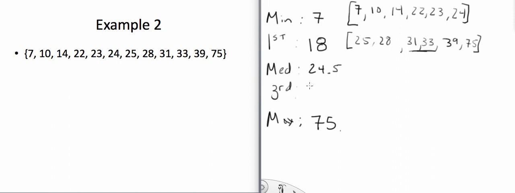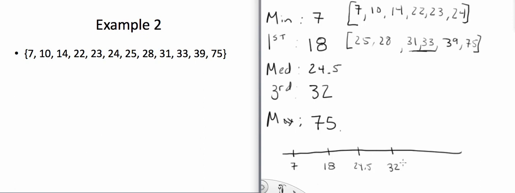Divided by 2 gives us 32. Then we have our 5-number summary here, and we create our box plot. I've got 7, 18, here is 24.5, over here is 32, and then 75.